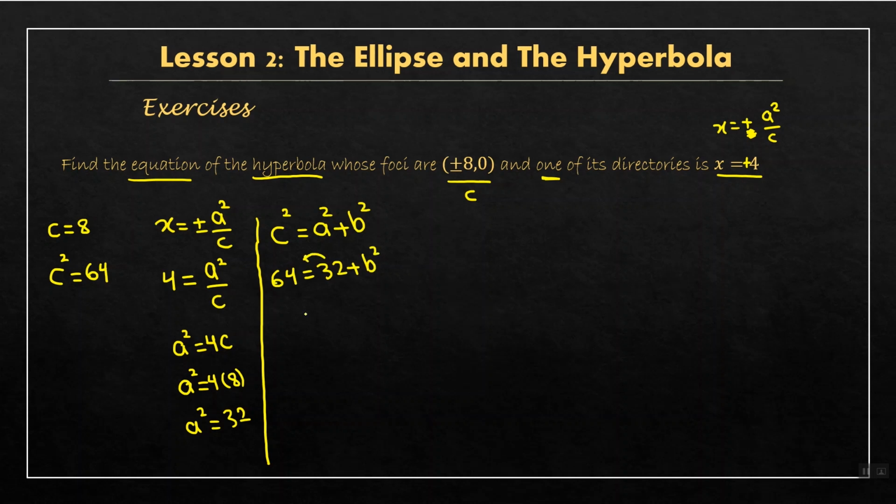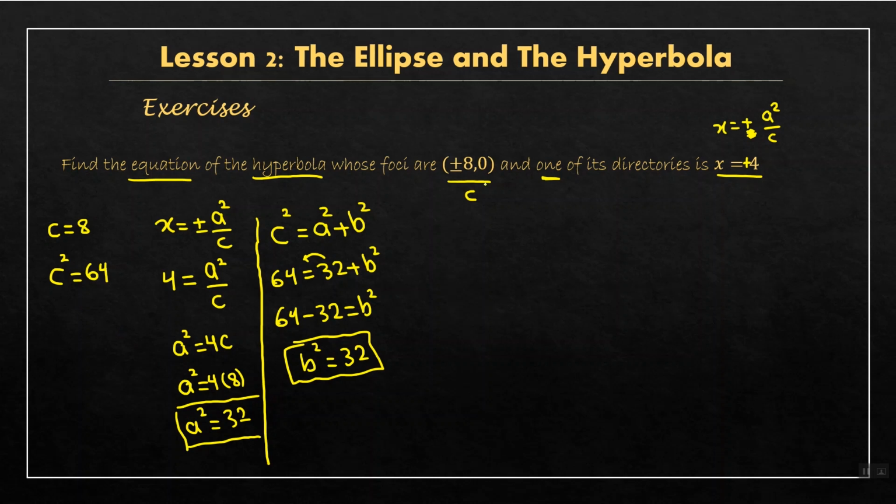We move this here. So 64 minus 32 equals b squared, and b squared equals 32 as well. Notice that a squared and b squared are equal. This is fine with hyperbola. But with ellipses, if this happens, then it's not an ellipse; it's a circle. But with hyperbola, it's fine.